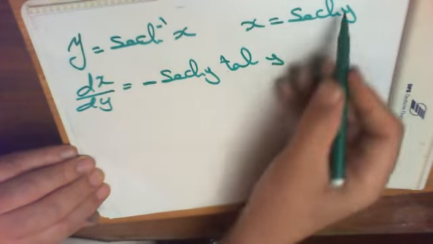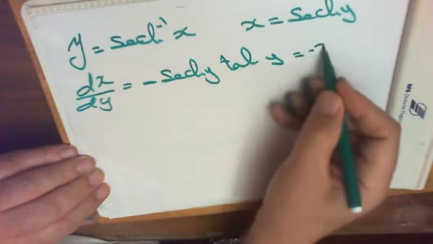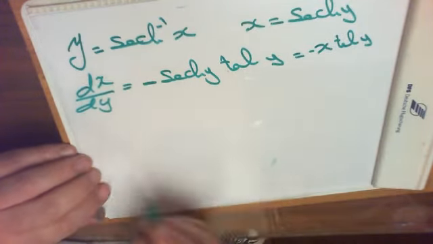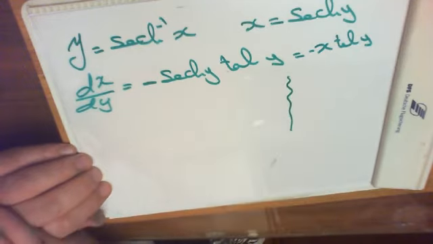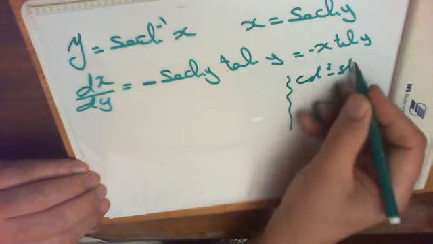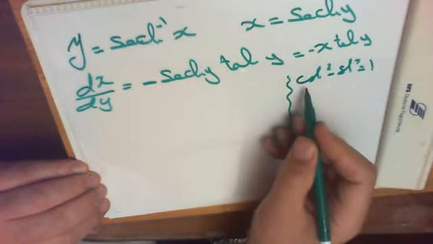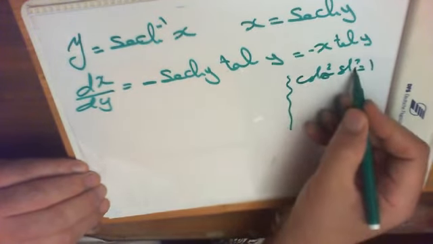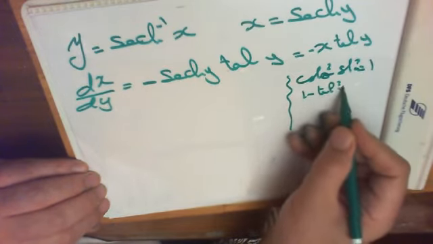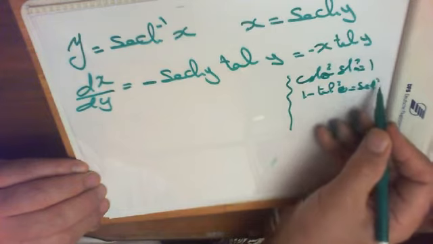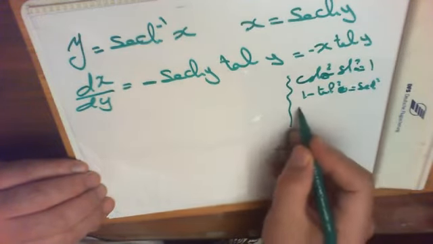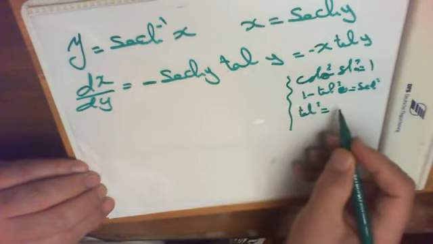Sech y is x, so it is minus x tanh y. But a few seconds ago we discussed that cosh squared minus sinh squared equals 1. We divided by cosh squared to obtain 1 minus tanh squared equals sech squared.